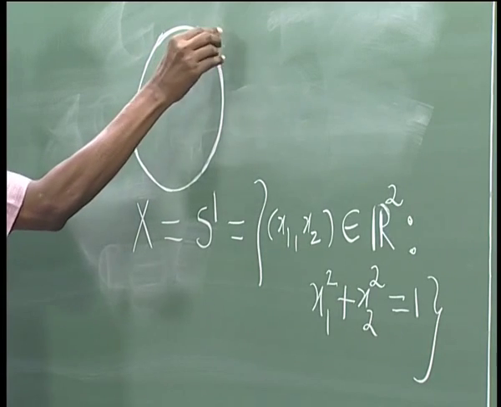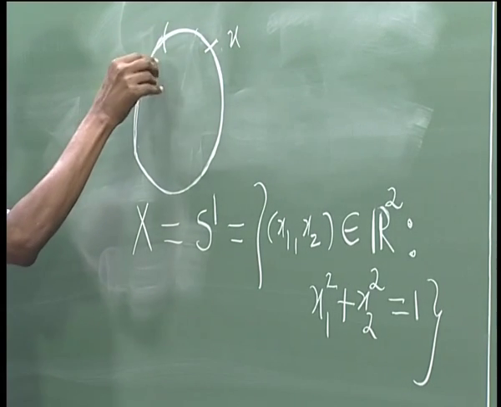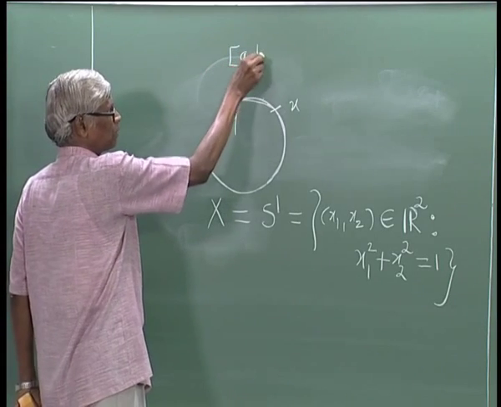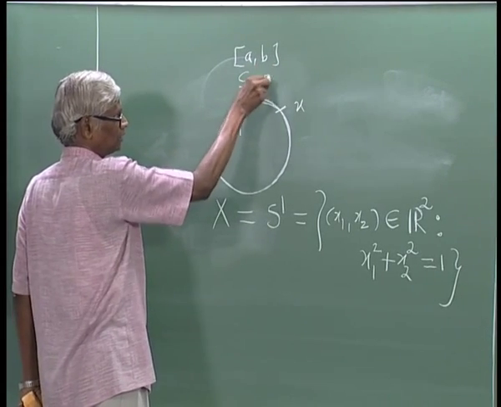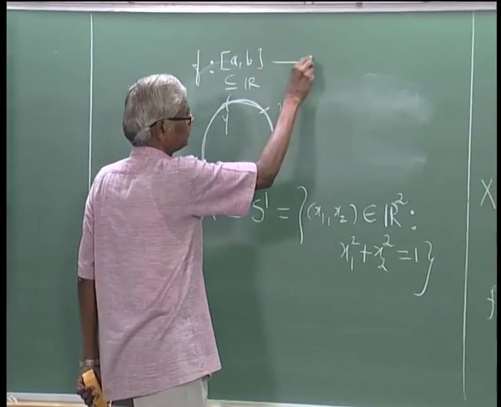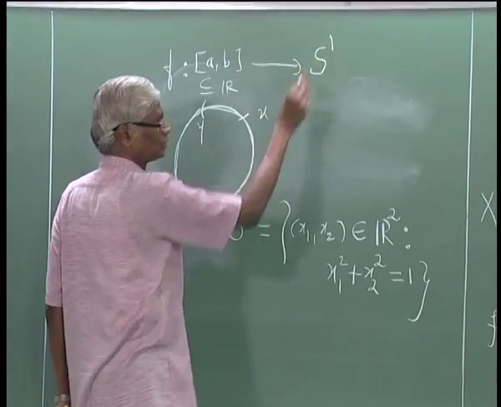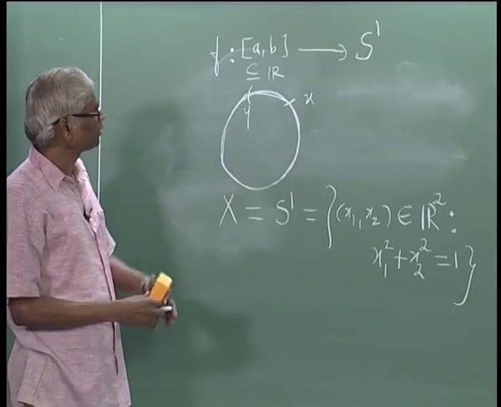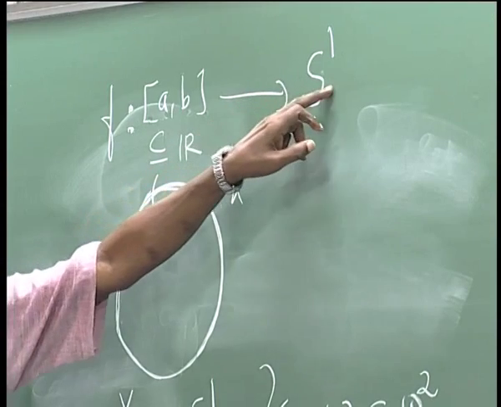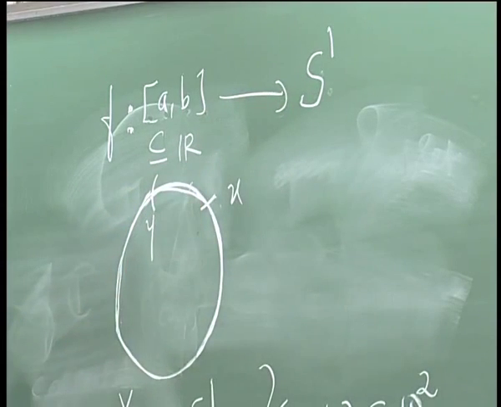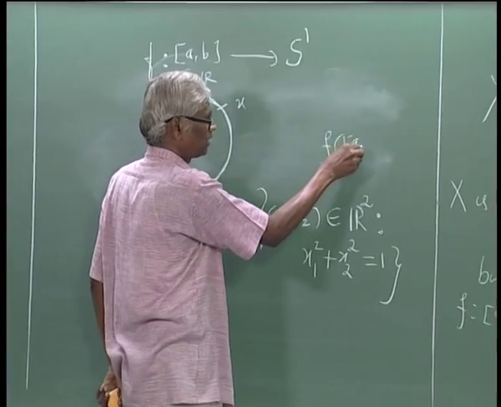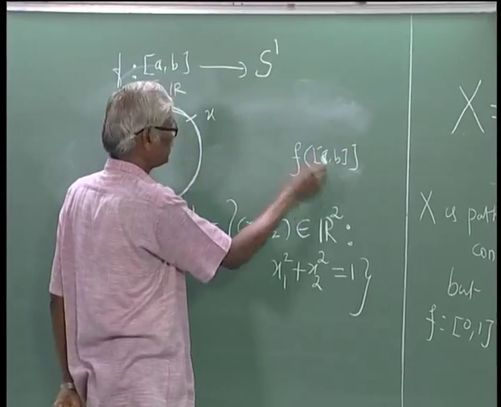If we take any point x and any y, we can find a closed interval a comma b in R and a continuous function from closed interval a b to S1. In fact, we can define a continuous function from closed interval a b to R2, but in such a way that the range of closed interval a comma b should be a subset of S1.